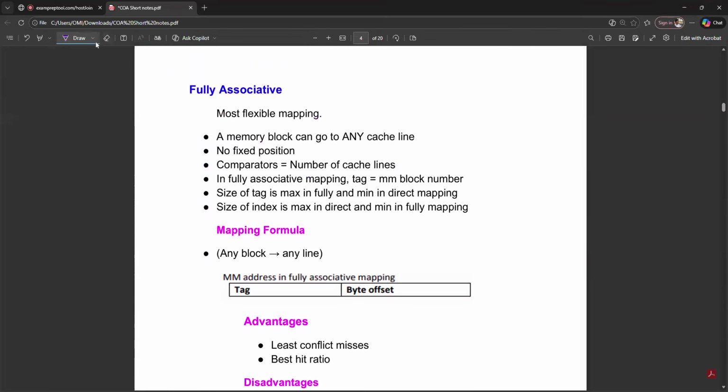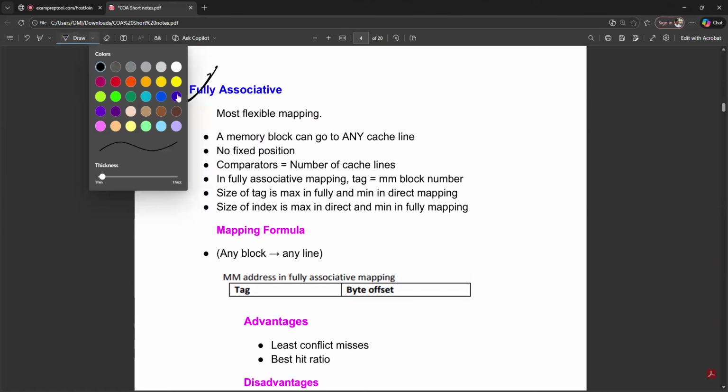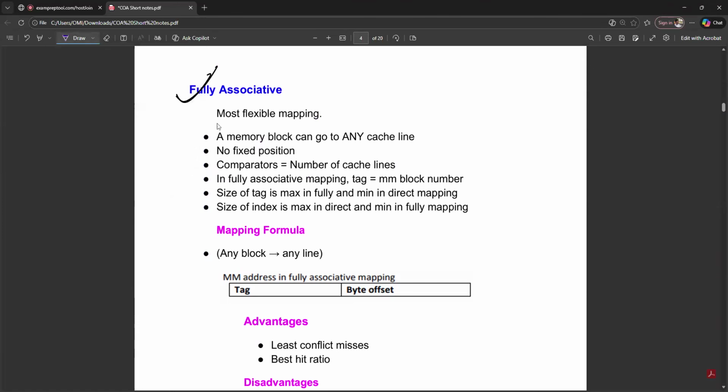Now moving to the next point, which is called fully associative. It is the most flexible mapping. A main memory block can go to any cache line. Here there is no restriction.